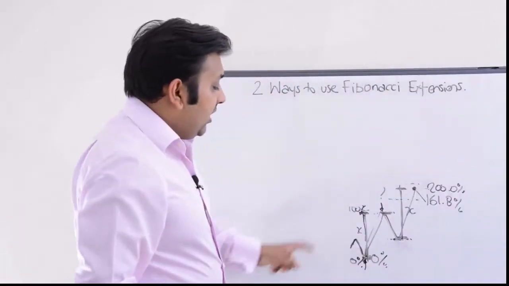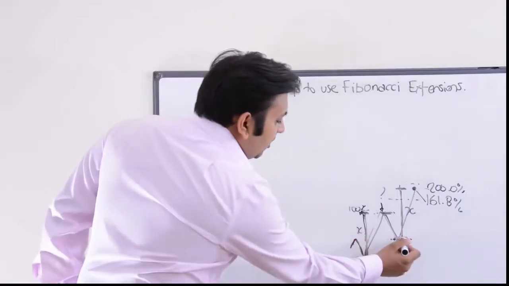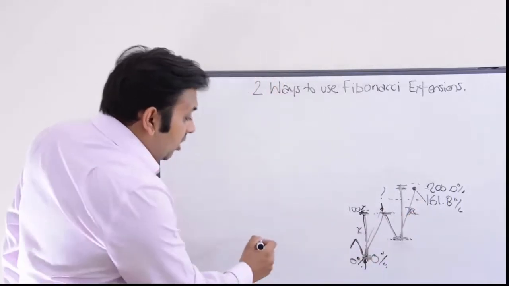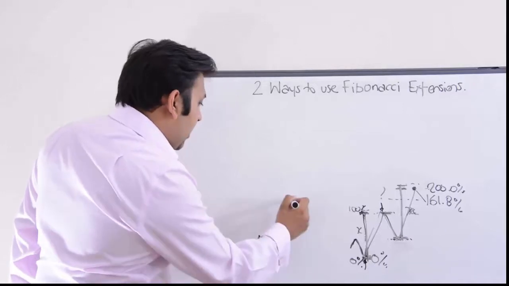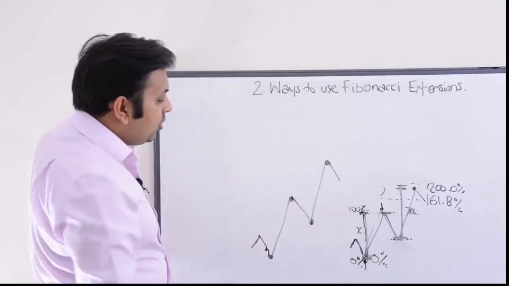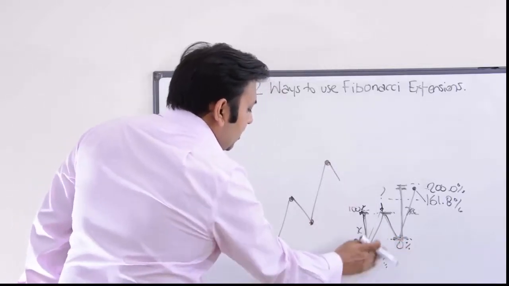So of course you can see two ways. The first way I already said was to forward project from this range up to here, that was the range X. The second way of using the Fibonacci was from there, we got to there, from here, again to here. So the first way was this is your 0% point. Let's take that out.